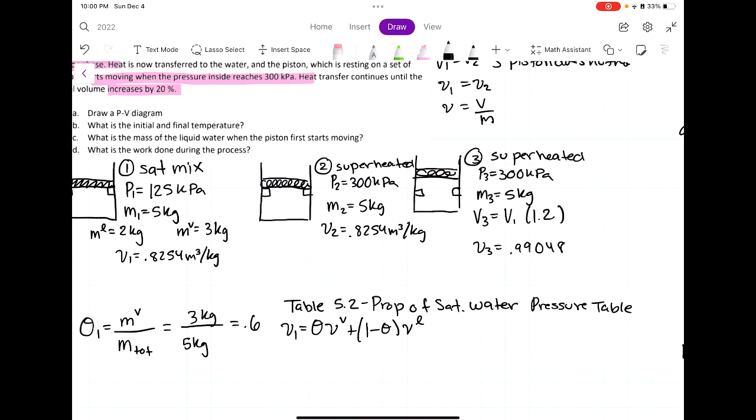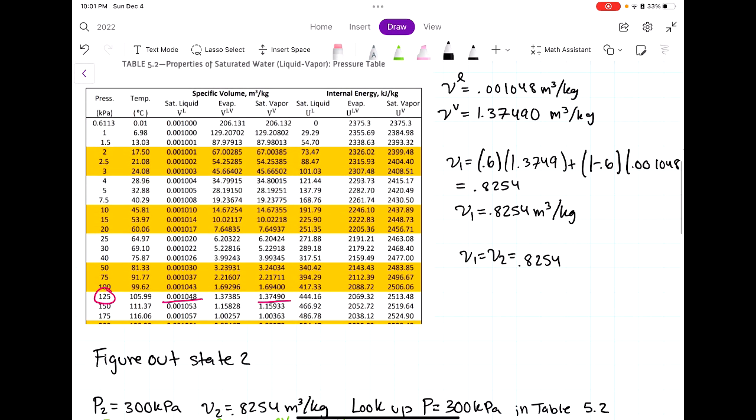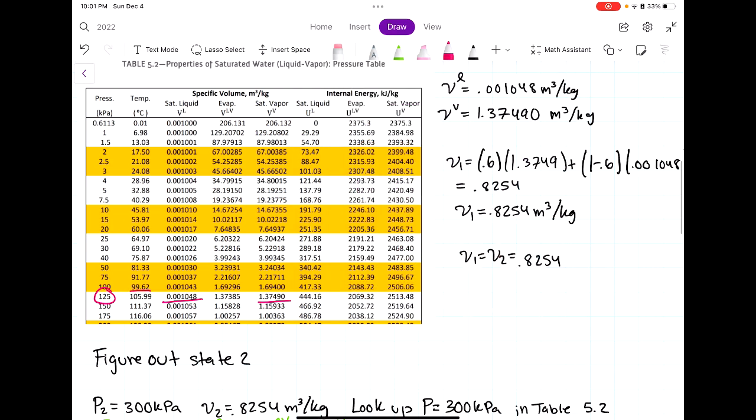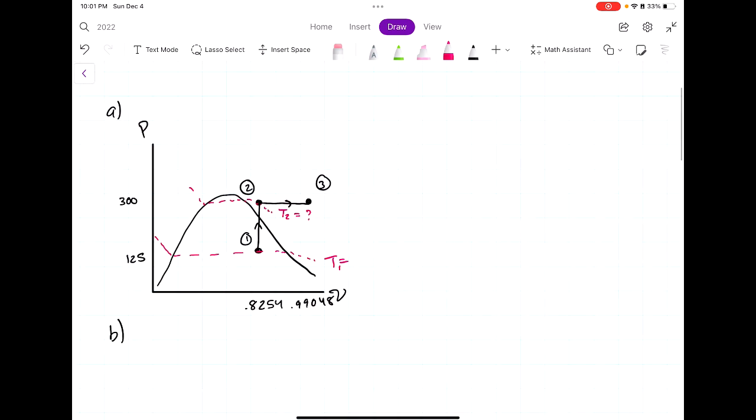So that's really easy to look up, because if it's a saturated mixture at 125 kilopascals, it means that the temperature for the saturated mixture has to be 105.99, because water only exists as a saturated mixture at 125 kilopascals at a temperature of 105.99 degrees Celsius.